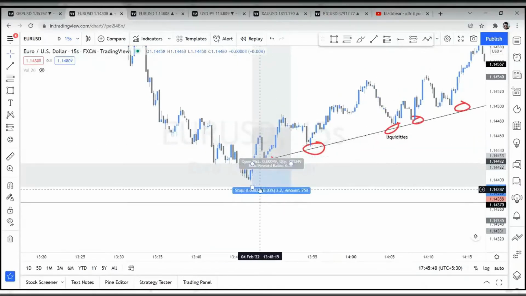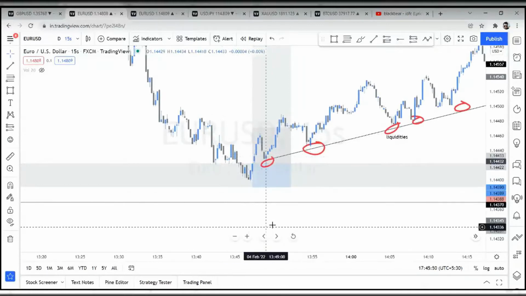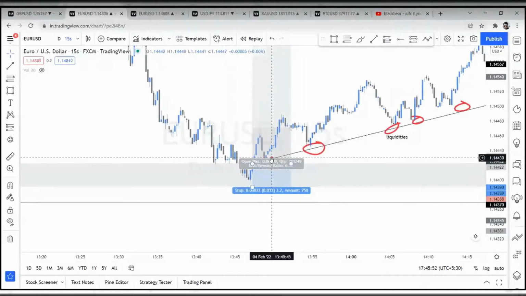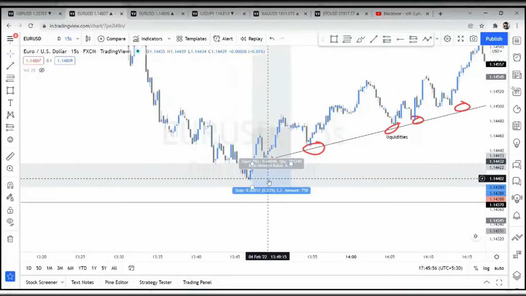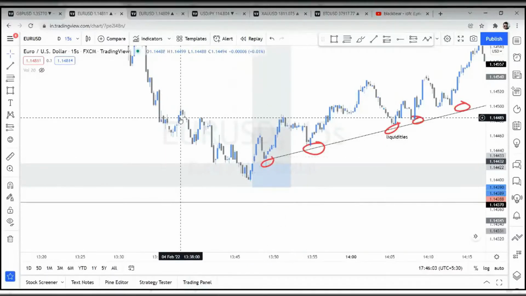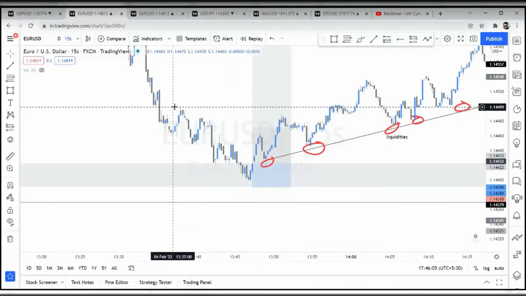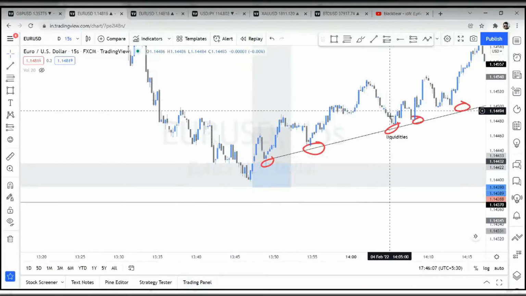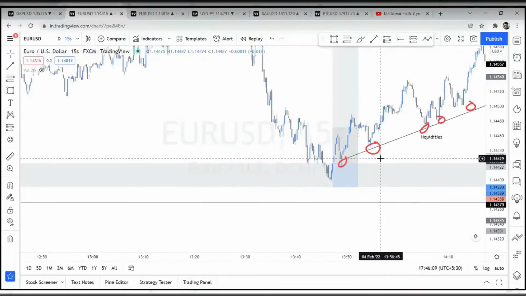So on the retrace of this block, you can already anticipate a buy right here. Again, you will need to move even into 1 second for a confirmation here. So you could have engaged yourself here, or you could have waited for this structure to break or this to break, and then on the retrace we could have engaged ourselves.